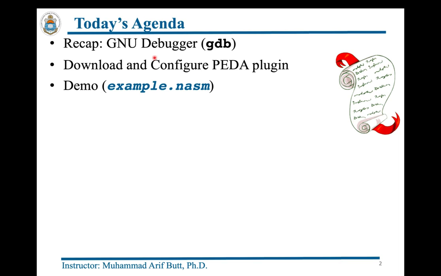This slide shows today's agenda. First, we will have a quick recap on debugging with GDB, which we have been doing in this course. Then we will download the PEDA plugin, Python Exploit Development Assistance, to GDB to enhance the firepower.